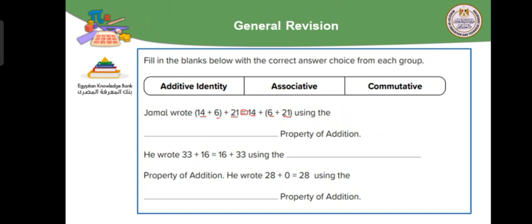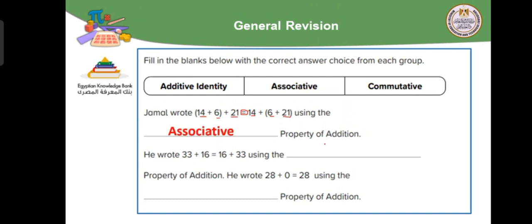Remember, is the associative property about addition or not? Yes, it's called the associative property of addition.